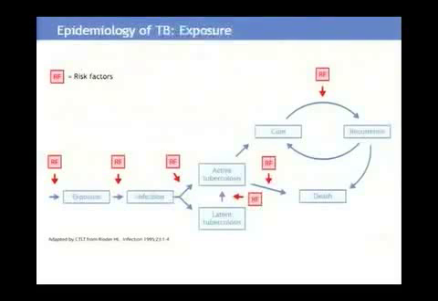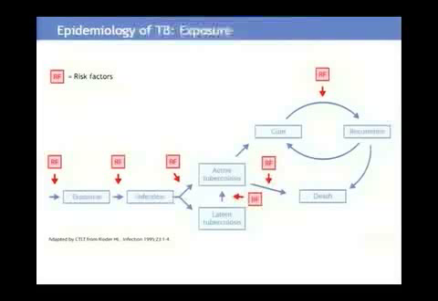For the next part of this lecture, I'd like to talk about the risk factors for the various stages of tuberculosis. In this figure, you see the life cycle of tuberculosis. First, you see when a person becomes exposed. At some point in time after that, they're infected.